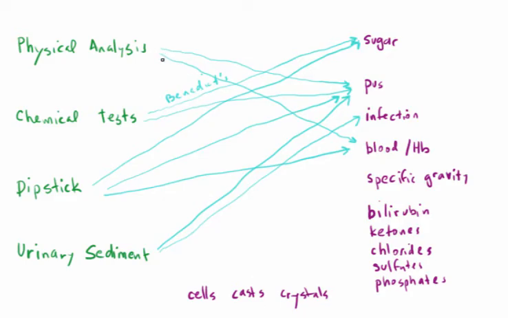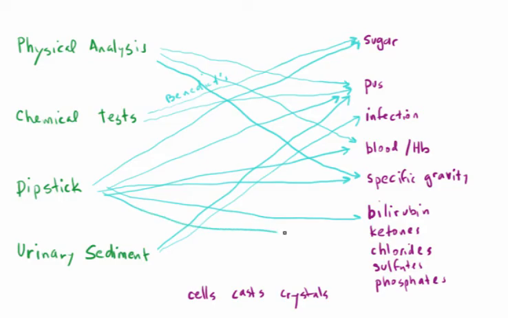For specific gravity, we'll be using a device called a urinometer, which is basically a hydrometer to test the density of the liquid. And the dipstick test also allows us to estimate the specific gravity. Bilirubin and ketones, we're only going to be using the dipstick test. The dipstick test is going to be giving us information on bilirubin and ketones.